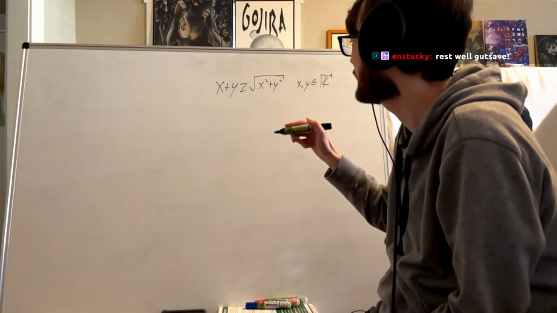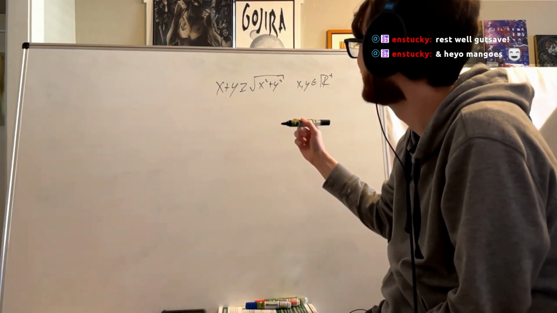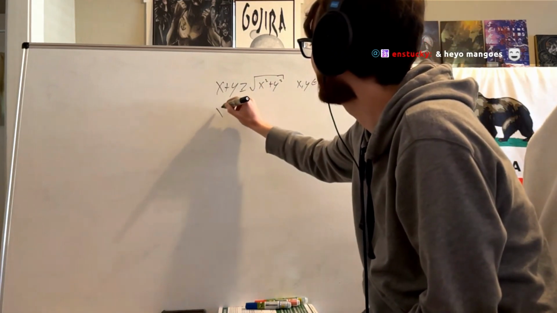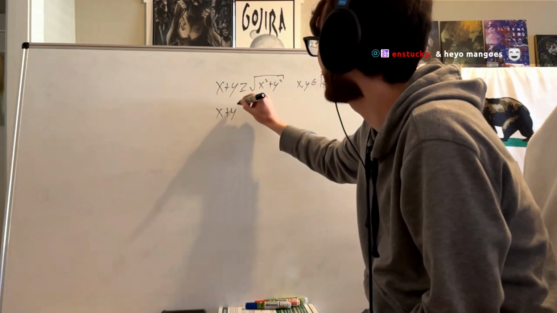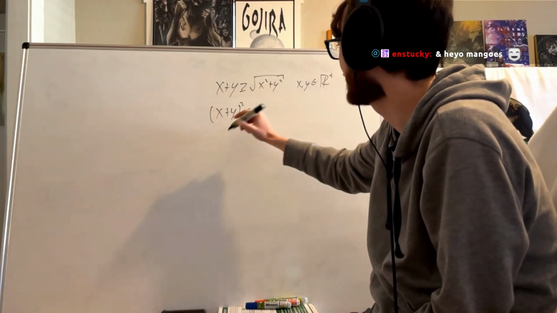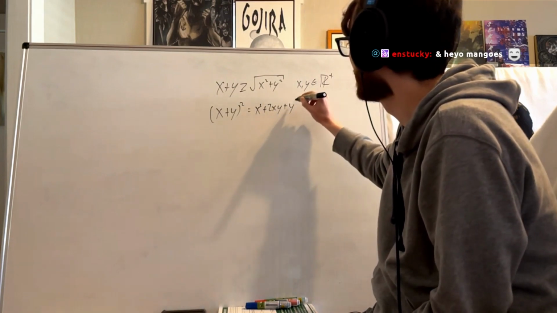I guess we could try to work with x plus y and squaring it. Just as exploration, let's look at what x plus y squared is, in a vacuum: x squared plus 2xy plus y squared.